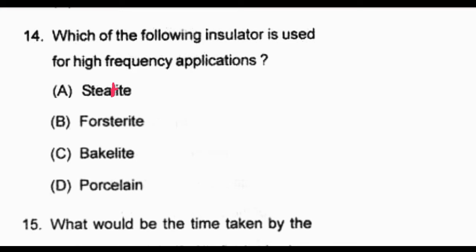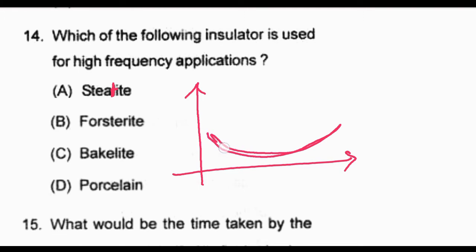That means if we consider the loss factor, I have already explained in many videos what is the loss factor and what is the dielectric constant in terms of complex dielectric permittivity. So the tan delta value generally follows this path, and this is the log frequency.